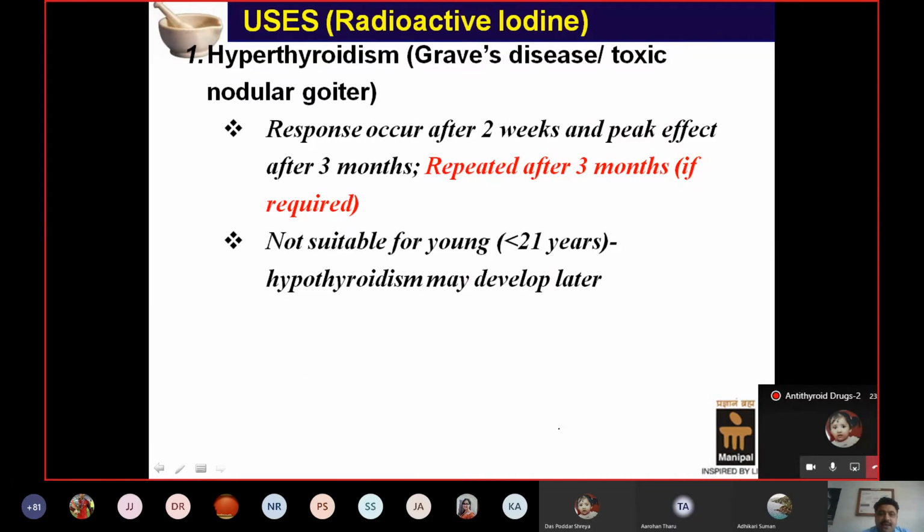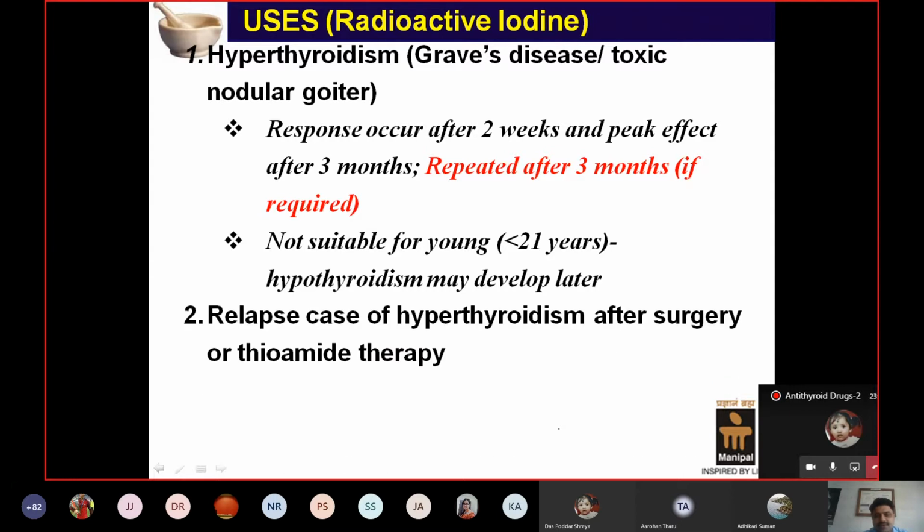And this radioactive iodine is not suitable for the young, especially less than 21 years of age, because it may develop hypothyroidism in later life. So in the young, we don't prefer the killing of thyroid cells. It is also used in relapse of hyperthyroidism after surgery.